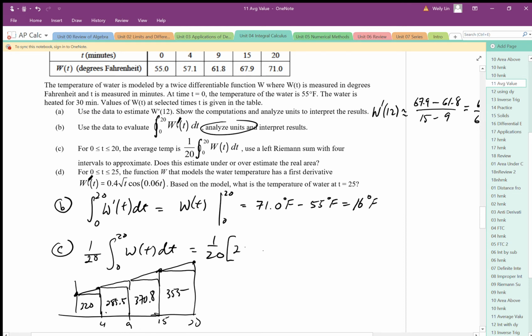Okay, so it looks like this: 220 plus 285.5 plus 370.8 plus 355. Okay, add that all up and divide by 20.